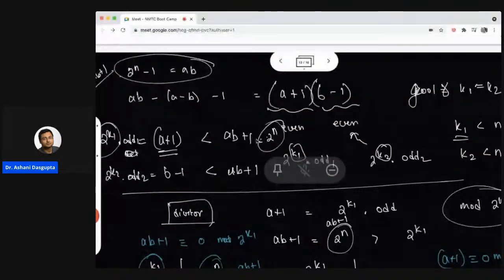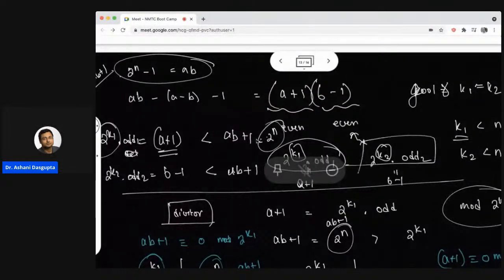So a plus 1 we wrote as 2 to the power k1 times odd, and b minus 1 we wrote as 2 to the power k2 times some odd. That's why the k2 is coming into place.